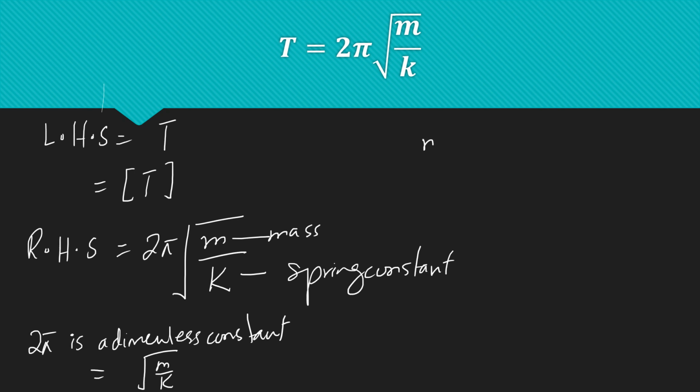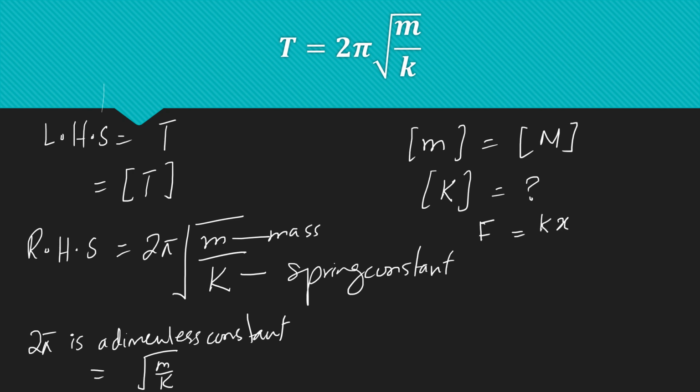So students, we know that the dimension of the mass will be capital M, but we don't know the dimension of the spring constant. So we can calculate it by using Hooke's law, which is F equals kx. If I want to calculate k from here, it will be F over x.